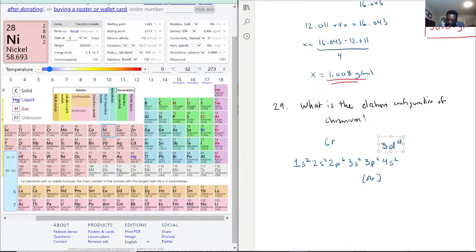We're going to move this down because we want the 3s to come before the 4s. Now, 3d4, 4s2. If you think that we're done here, you're horribly mistaken.